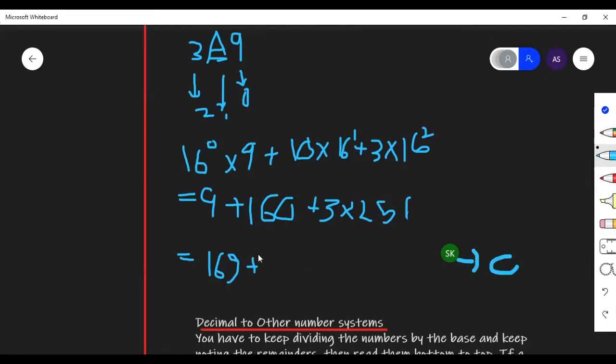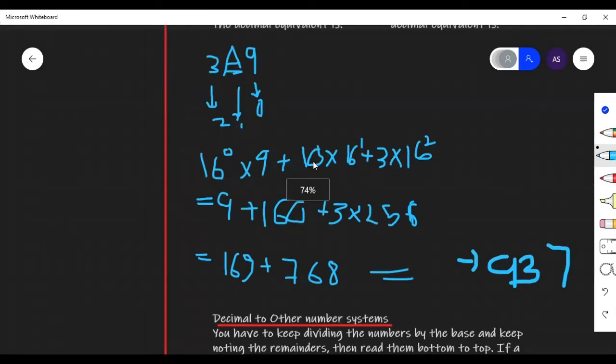I used a calculator here, but you won't be allowed to do that in the exam, so make sure you practice your speed. And that is equal to 937. So this is the example I gave.